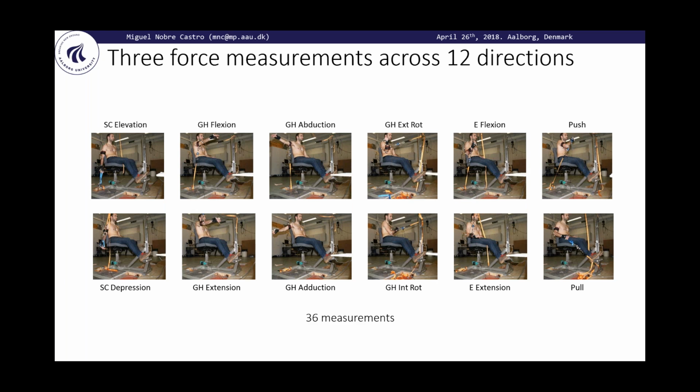We performed the motion, a maximum voluntary contraction, against the dynamometer attached to a strap. As we could collect kinematic data on these postures and on the dynamometer, we could position them in space and then perform an inverse dynamic analysis for each one of these 36 different measurements.